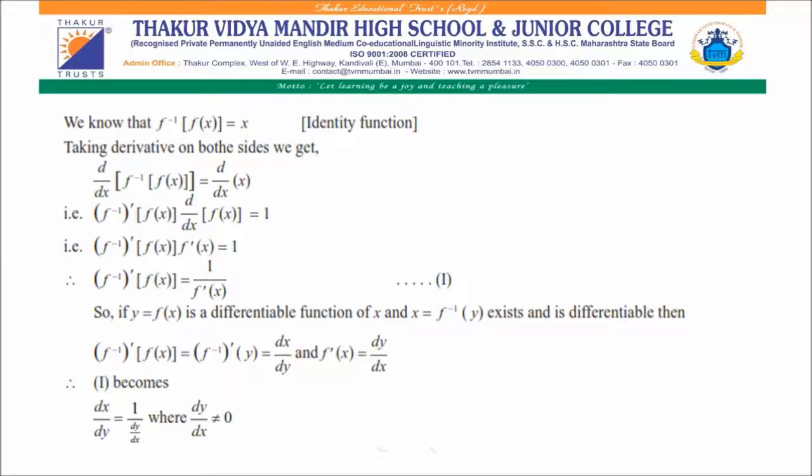So if y equals f of x is a differentiable function of x and x equals f inverse of y exists and is differentiable, then we can write f inverse dash of f of x as f inverse dash of y, because f of x is y, or we can also write it as dx upon dy.